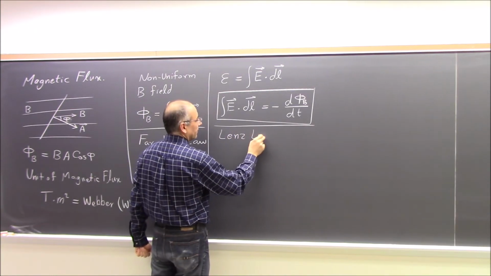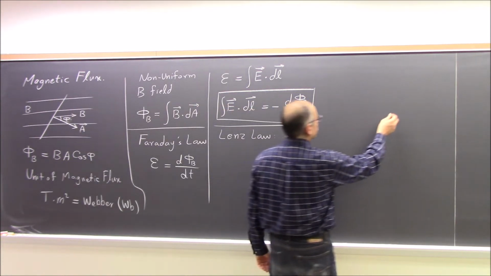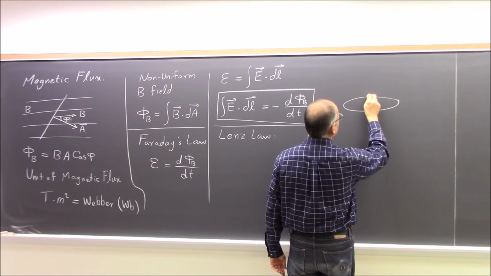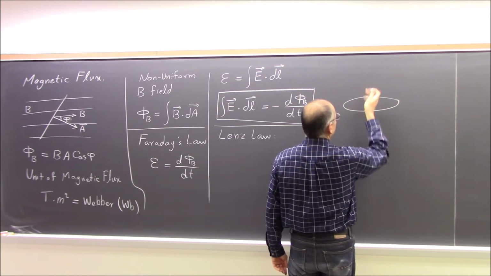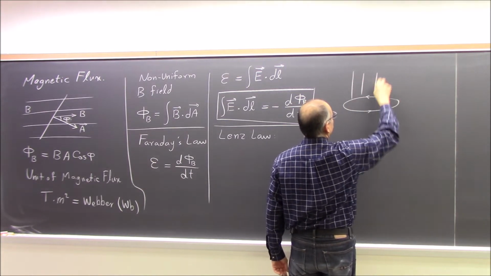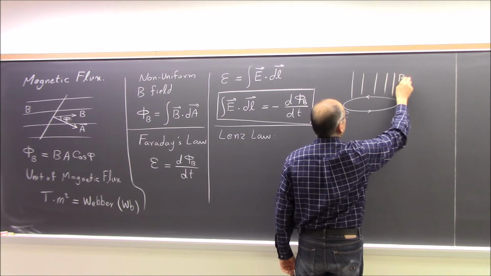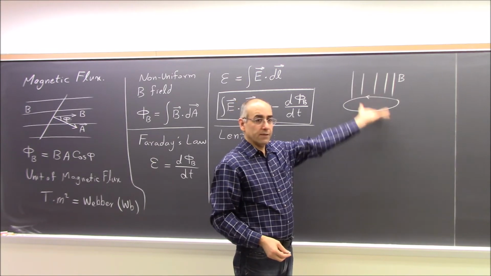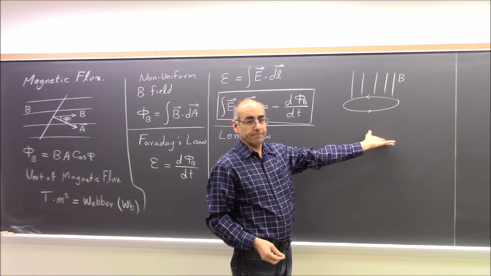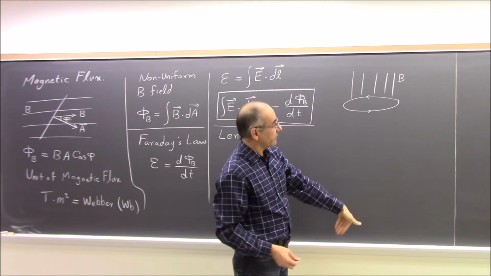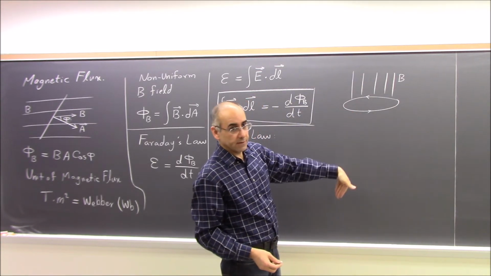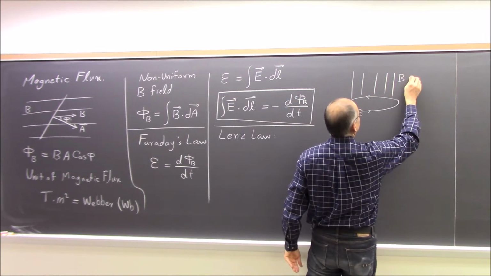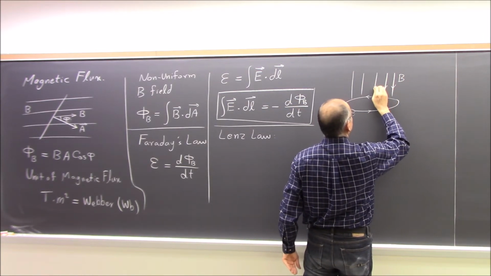Lenz's law. For example, let's say you have a coil here. This side is closer to us. This side is far away. And there's a magnetic field here, B. Let's say the B field is uniform, but it increases with time, right? So flux is going into the coil and increases in that direction with time. So let's say B is this way and increasing.